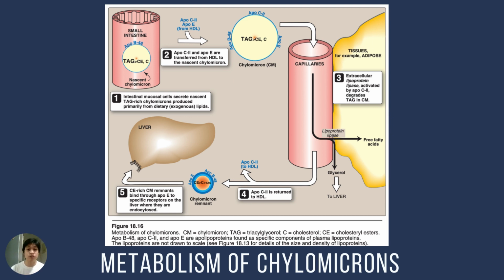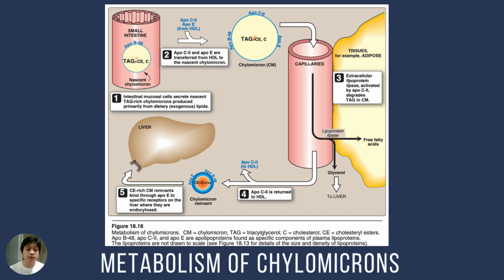So by the action of lipoprotein lipase, we have degraded triglycerides into free fatty acids and glycerol. After releasing all of the triglycerides or almost all of the triglycerides, what is left would be a chylomicron remnant.